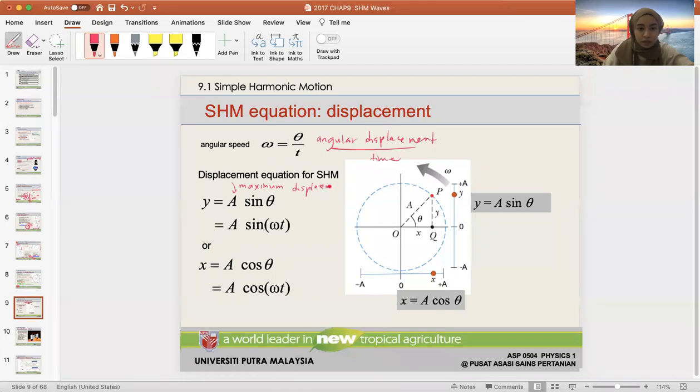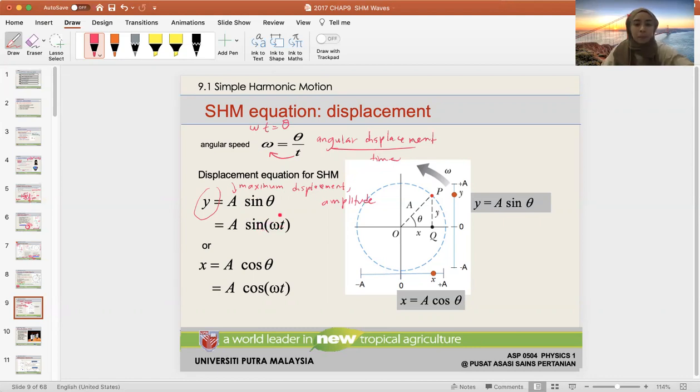You could also call it amplitude. Okay, let's just call it amplitude from now on. And you have sine theta for the y. Theta is also equal to omega t. Why? Because I just put the t next to the omega, it becomes omega t equals theta. So this is interchangeable. You can say A sine theta or A sine omega t.